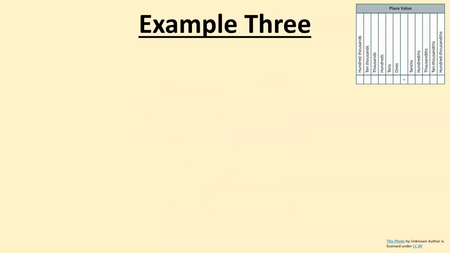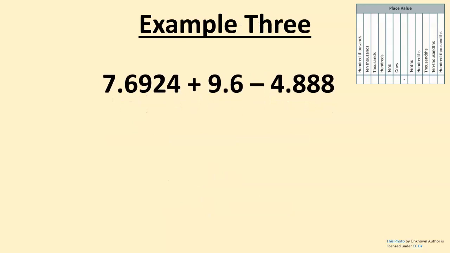For example 3, in addition and subtraction, I want to give you a little bit of mixed media because I want you to understand that the rules don't change between addition and subtraction. So we have 7.6924 plus 9.6 minus 4.888. Now our 7.6924 falls into the 10,000ths place, our 9.6 falls into the 10th place, and then our 4.888 falls into the thousandths place.